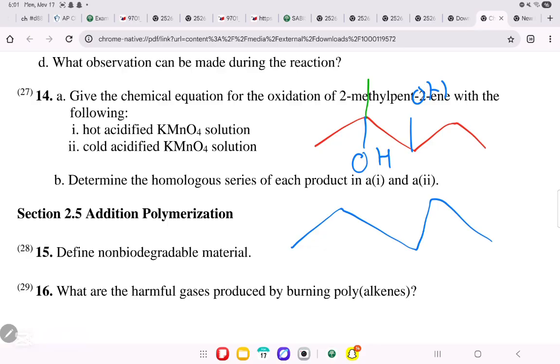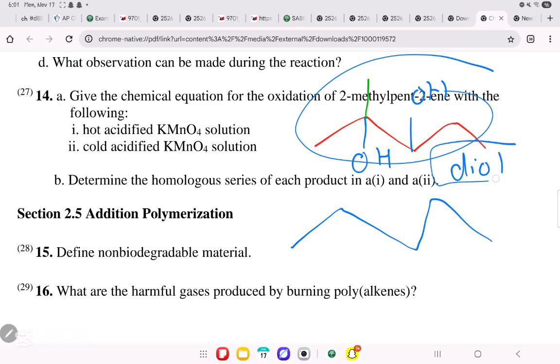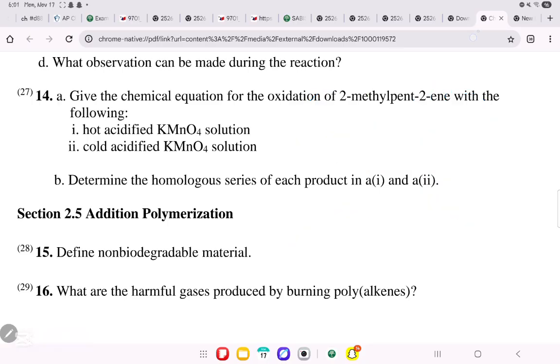In part A, what did we have? For the first part, we had something like this. What is this product called? It's called an alcohol, or a diol, because we have two hydroxyl groups. Then what was one of our other products?